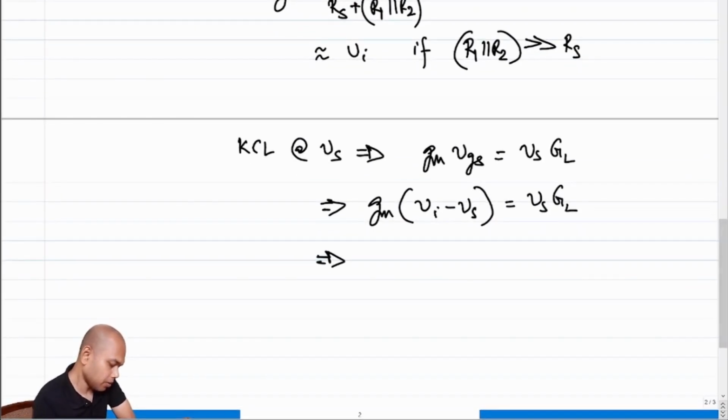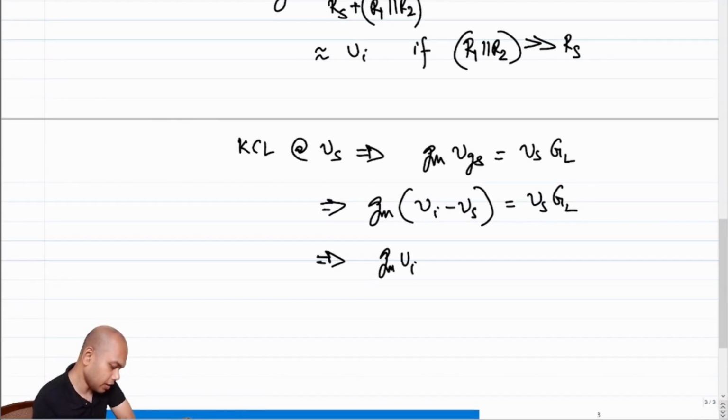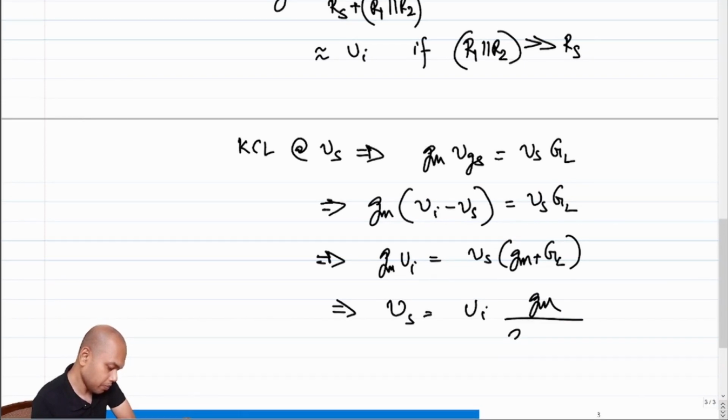Okay, so now if I rearrange the terms, what do we get? We get Gm times Vi is equal to Vs times Gm plus GL, and hence Vs is equal to Vi Gm by Gm plus GL.